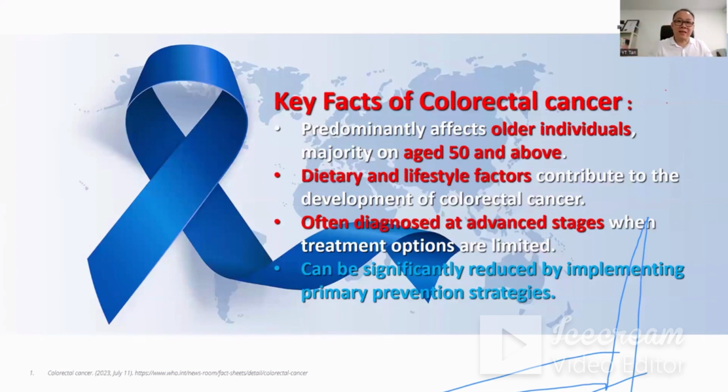If we were living at that time, we would have less diabetes, less cancer, less cardiovascular disease. So diet and lifestyle are affecting our health and contributing to colorectal cancer.